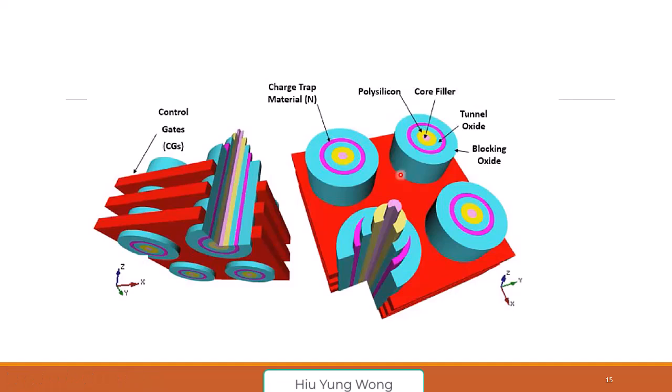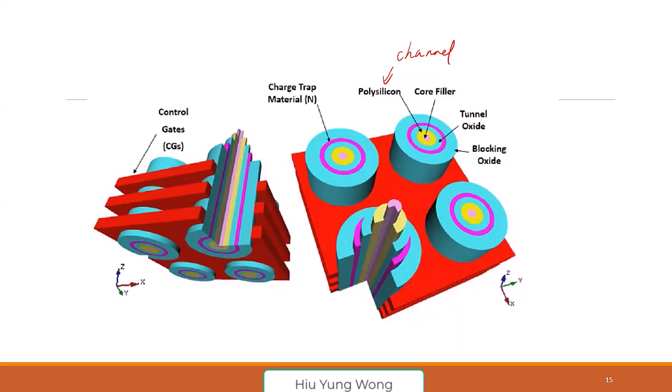It shows us how this pillar looks: the core fill, and the polysilicon, which is important. This is the channel. You cannot deposit crystalline silicon easily if it is not epitaxial growth, because you need to fill up the trench, so usually it's polysilicon. So this is the channel.